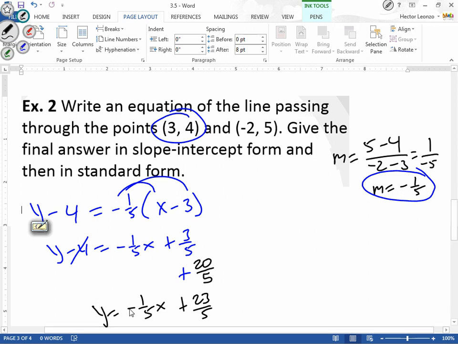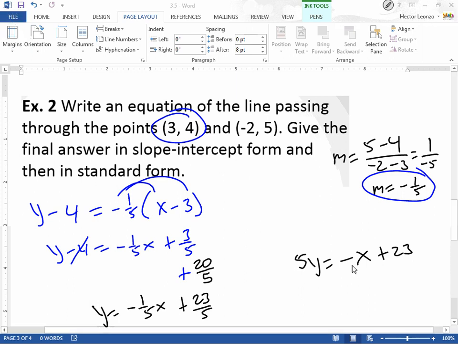Okay, so multiplied here, everything by 5, you should get 5y equals negative 1x plus 23. Once again, once you have the slope-intercept form, I see a 5 at the bottom. I multiplied everything by 5 to get rid of the fractions.